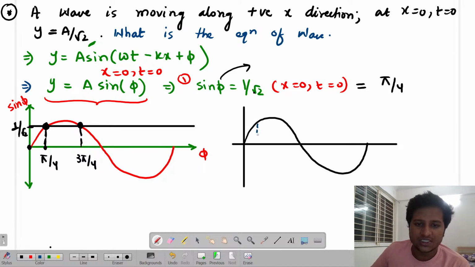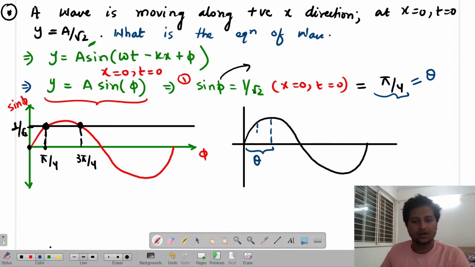So look over here, if you are considering the sine graph over here, then this is just the angle which I am getting. I consider this angle as theta. So the range from 0 to pi by 2 is marked as just theta. But if I am getting an intersection over here, then that point is written as pi minus theta.